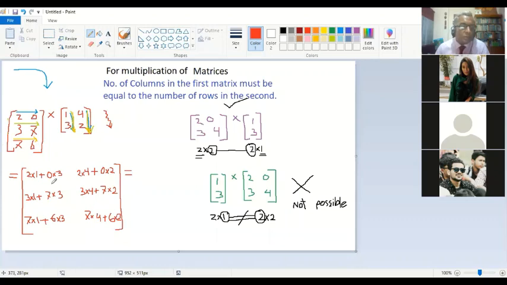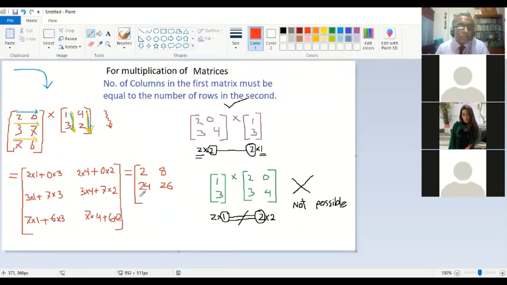That will be 2 plus 0, so only 2, and 8 plus 0, so only 8, and then 3 plus 21, so 24, and 3 into 4 is 12 plus 14, so 26. Then 7 into 1 plus 18, so 25, and 40.